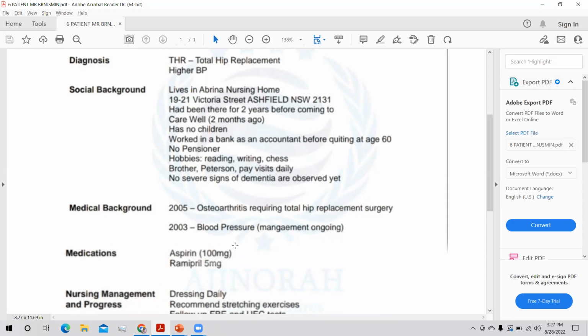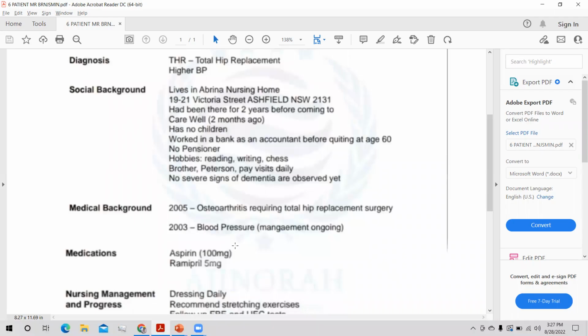Hobbies: writing, reading, chess. His brother Pearson pays visits daily, and no severe signs of dementia are observed yet. So here we understood that we are writing this letter to a senior nurse working in the nursing home for further management and care.